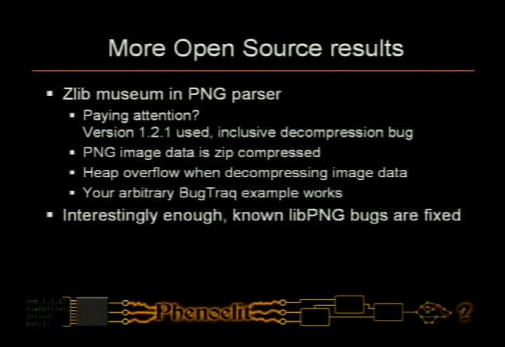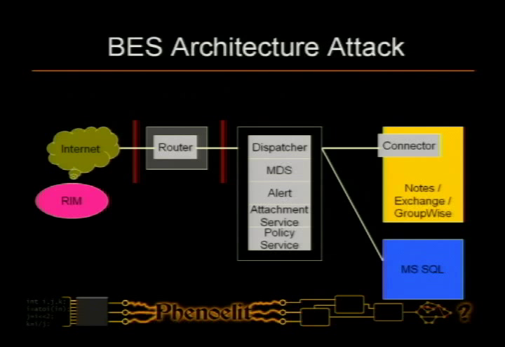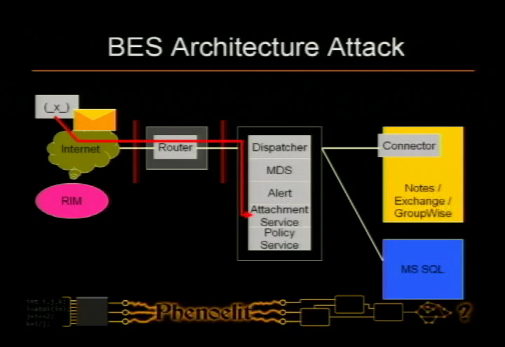As I said, zlib is used, or was used, in a non-recent version. That's by now fixed, but it was exploitable in this version we looked at. And then you can do stuff like this. So you get an asshole, that's the international ASCII symbol of an asshole on the internet, sending an evil message with an evil attachment to the attachment service, owning the attachment service, which owns the entire machine.